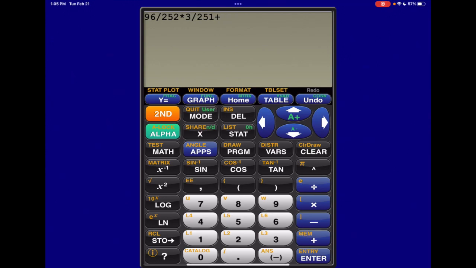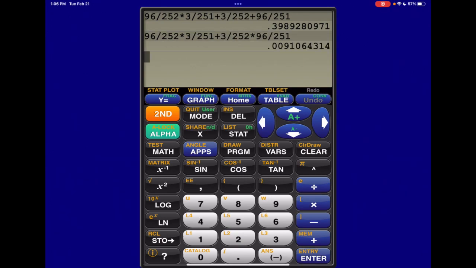Then we're going to add on to that 3 divided by 252 times 96 divided by 251. Press enter, and we get our answer. Something I think has gone wrong. Yep, right here, that was supposed to be times, and I did a plus. So try that again. We get 0.0091.